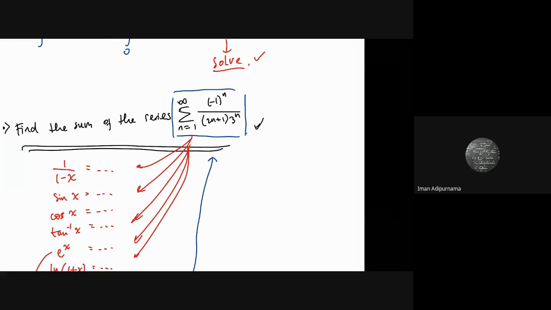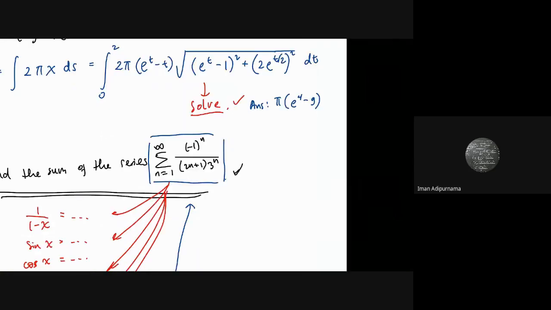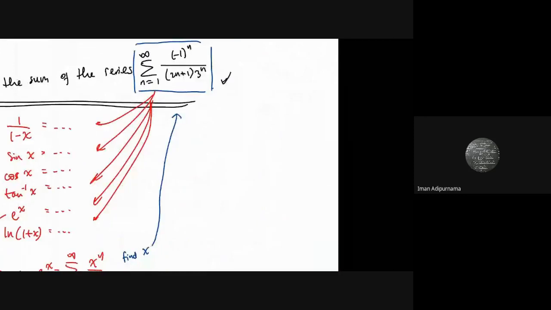So if you want to know the answer for the previous one, the answer is pi a to the 4 minus 9. Okay, let me start writing down the second one.